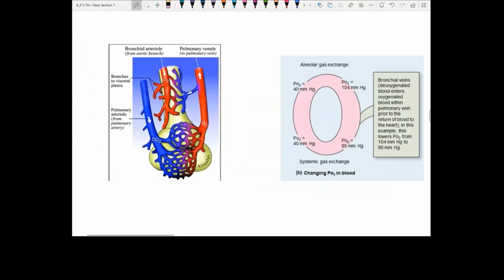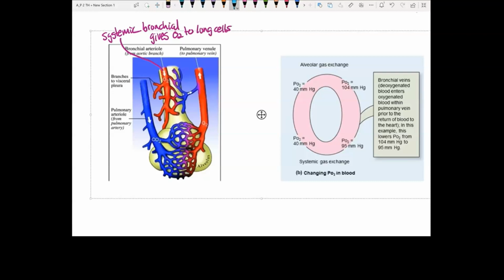Remember this picture we looked at before? You have the systemic bronchial circulation. This is the blood that gives oxygen to your lung cells. Here we have the pulmonary circulation.